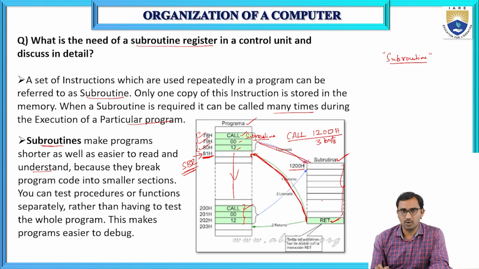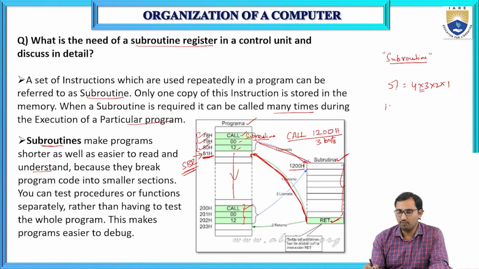Using a subprogram makes programs shorter. Suppose you have a factorial program. 5 factorial means we need to find 5 into 4 into 3 into 2 into 1. The same operation is performed repeatedly.